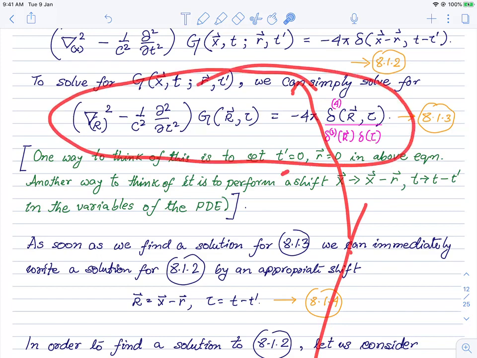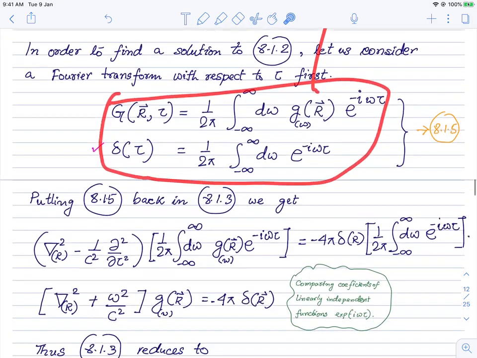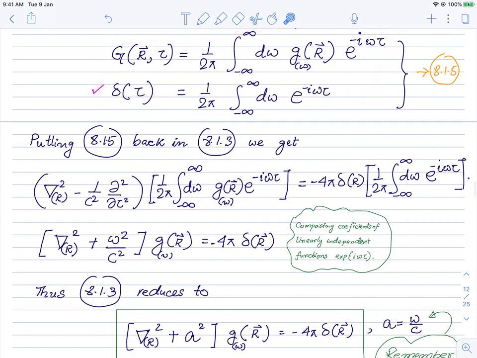Let's see what happens if we plug it back into the equation. This is the thing which was the g, and this is the thing which was the delta of tau. The integral is just over omega, a completely different variable, so we can take this inside.